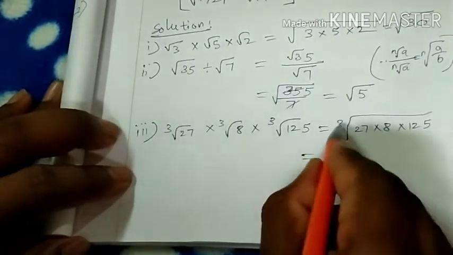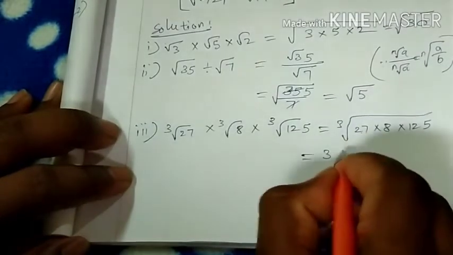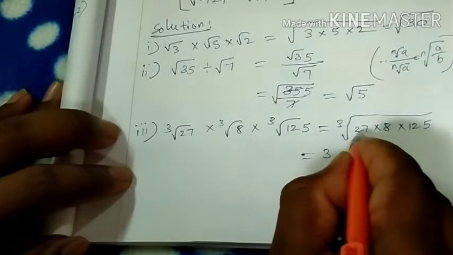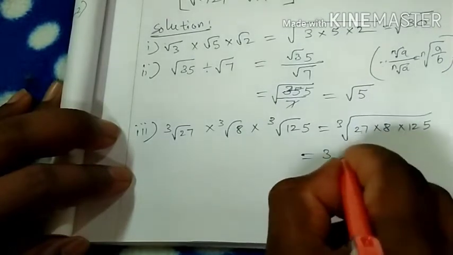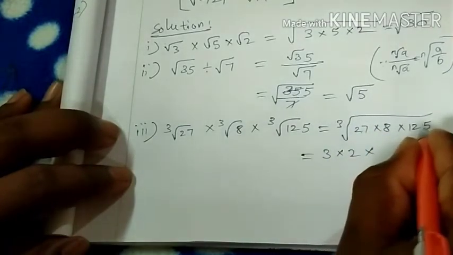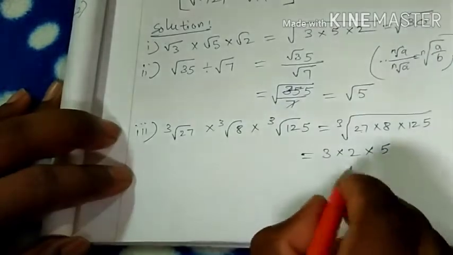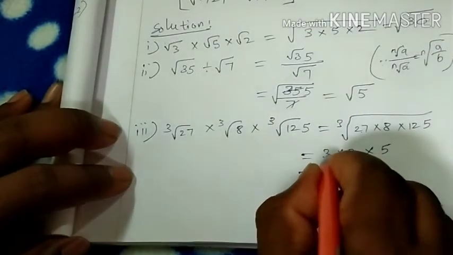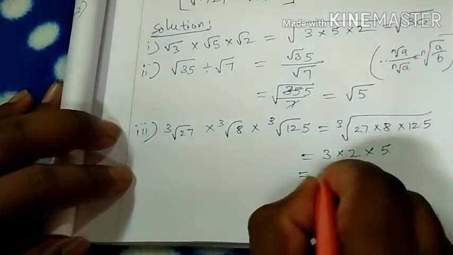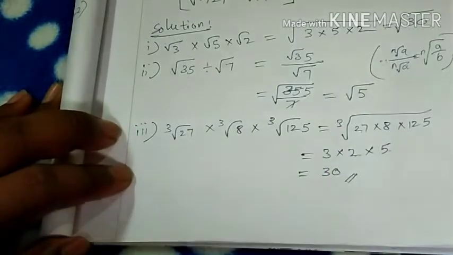What is the cube root of 27? It is 3, because 3 multiplied 3 times gives 27. The cube root of 8 is 2. The cube root of 125 is 5. 3 twos are 6, 6 fives are 30. That's your answer for the third subdivision.